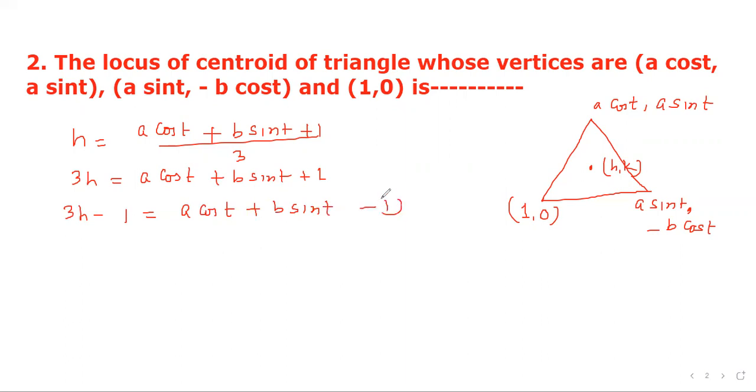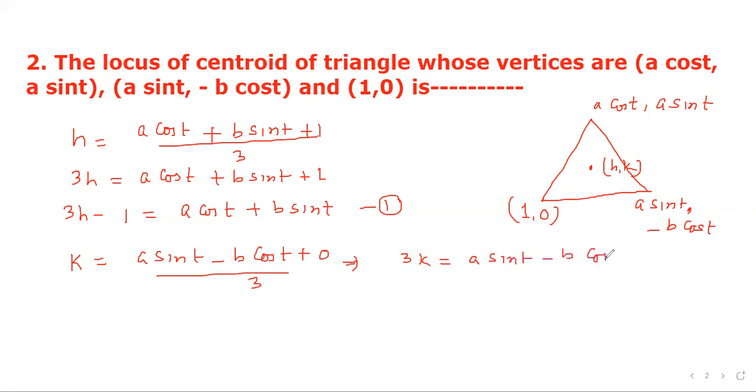Call this equation 1. Now we write the y coordinate, that is k equals a sin t minus b cos t plus 0 divided by 3, from where we get 3k equals a sin t minus b cos t. Suppose this is equation number 2.